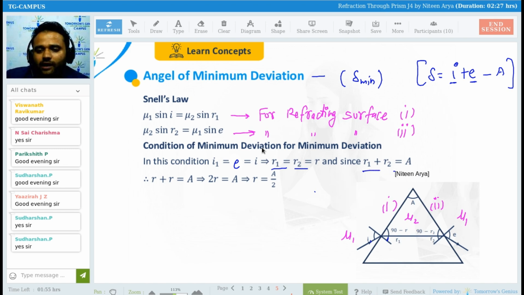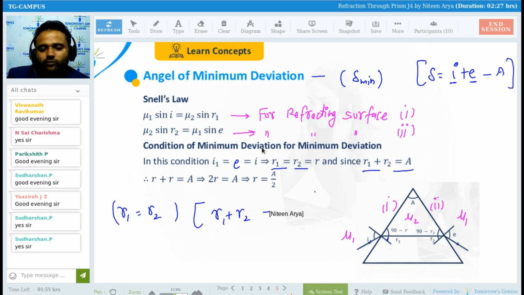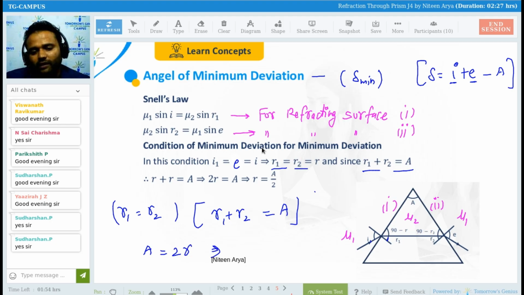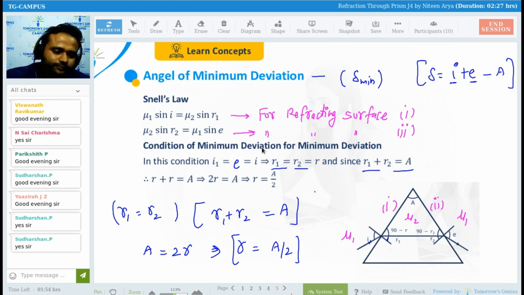Since R1 plus R2 equals A, A equals 2R, because R1 equals R2. So angle R, which is the angle of refraction, is A by 2. Is this clear till now? Is this clear, beta, everyone?